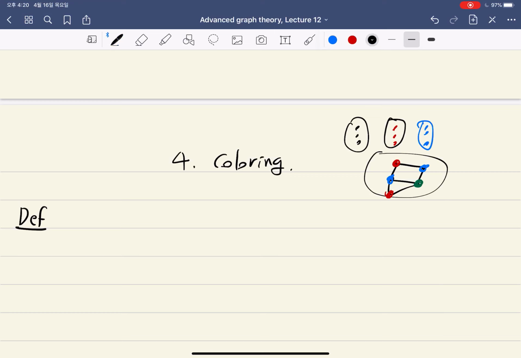We can generalize this notion a bit. Let P be a family of graphs.